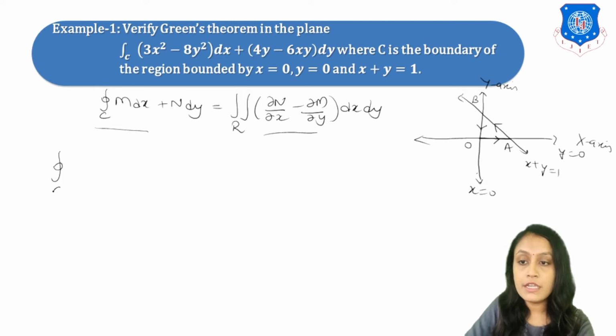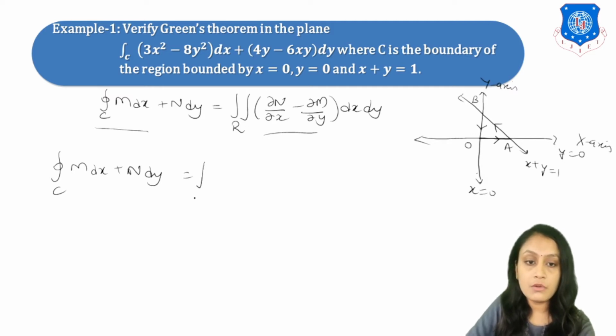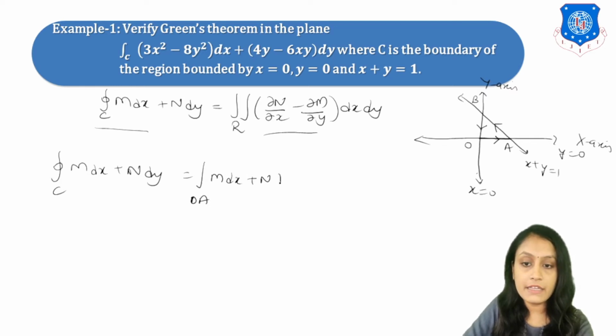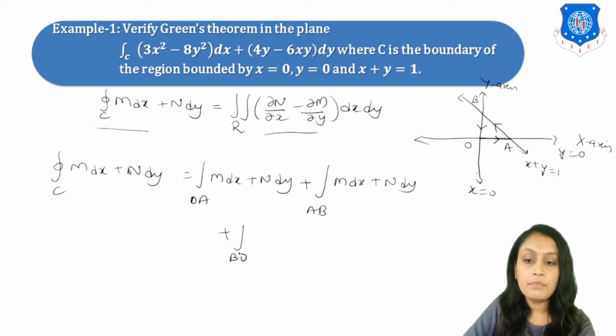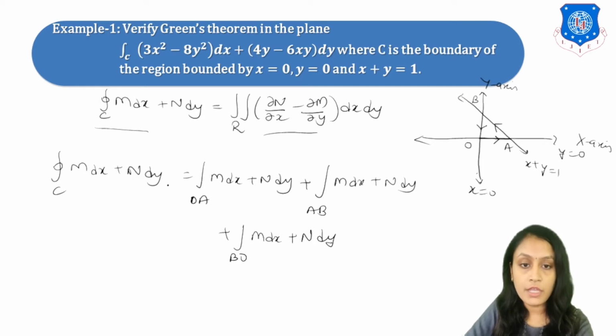So the closed integral over C of M dx plus N dy is the integral over OA of M dx plus N dy, plus the integral over AB of M dx plus N dy, and at last the integral over BO of M dx plus N dy. Now we will solve all three and then add them.